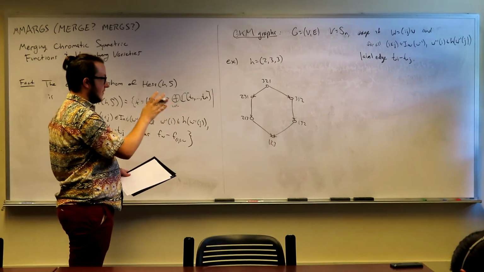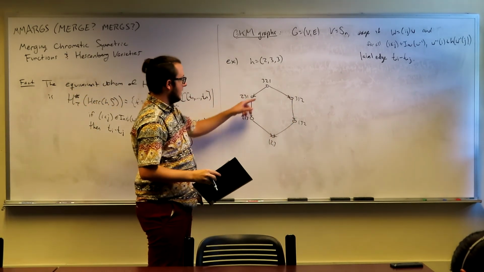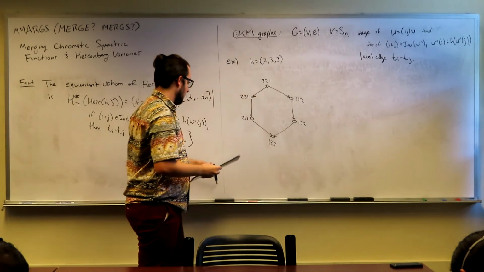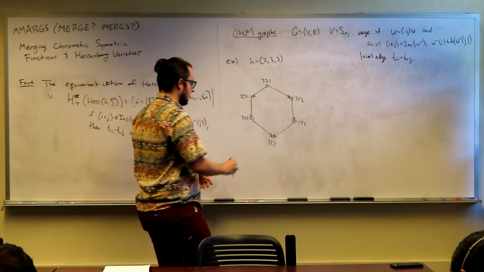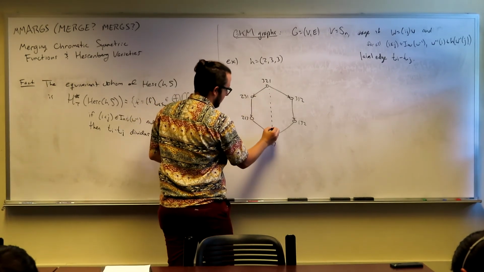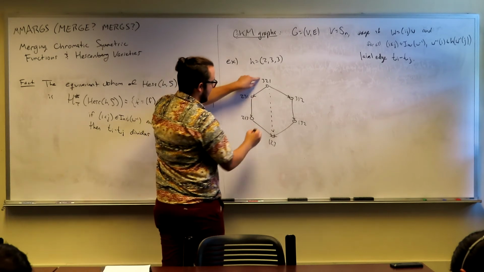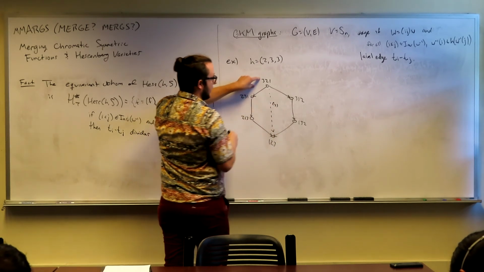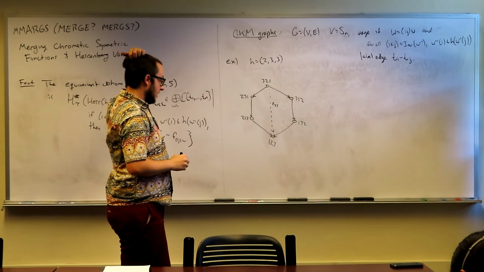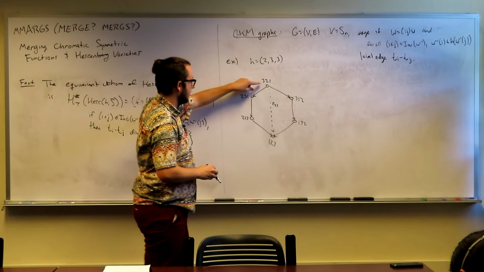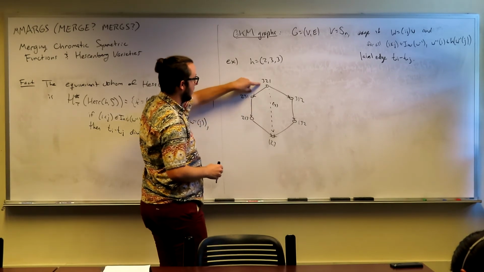Okay, so here are the vertices, and here are some edges of the graph. Notice that we don't get this edge right here, even though these differ by the transposition 1, 3, because under this I would have an edge from here to here.